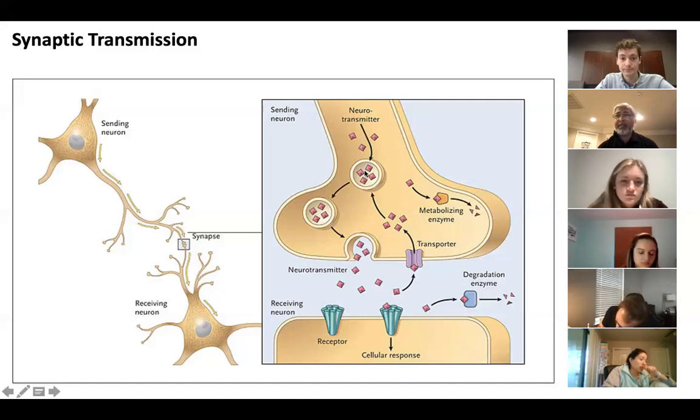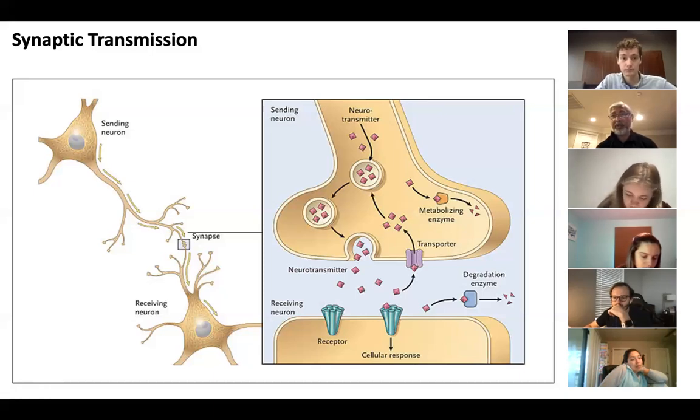The synaptic vesicles in the presynaptic neuron fuse to the presynaptic membrane and release their content, which is the neurotransmitter, into the synaptic cleft, which is the gap between the two neurons. That is a chemical process, and the neurotransmitter is released into the synaptic cleft by a process called exocytosis.